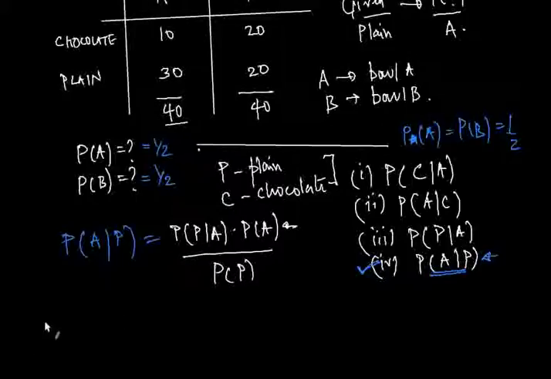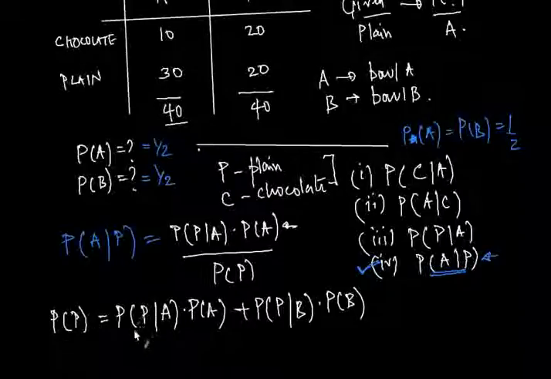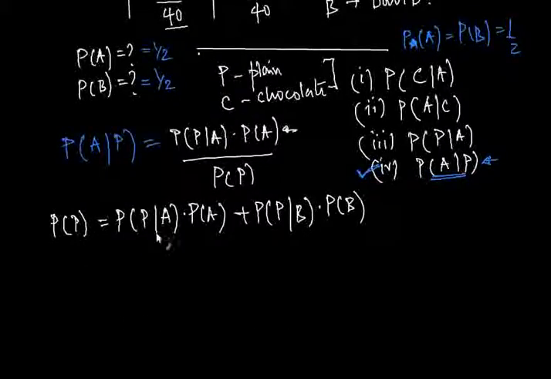So let's take them in turns, right? So let's find out what the probability of drawing a plain cookie is. Well, the probability of drawing a plain cookie is simply the probability of drawing a plain cookie from A into the probability of picking A, plus probability of picking a plain cookie from B into probability of actually picking jar B, right? So what does this amount to? Well, what is probability of P given A?